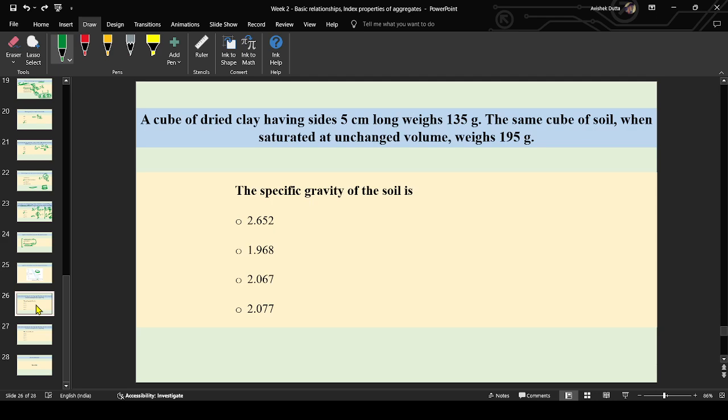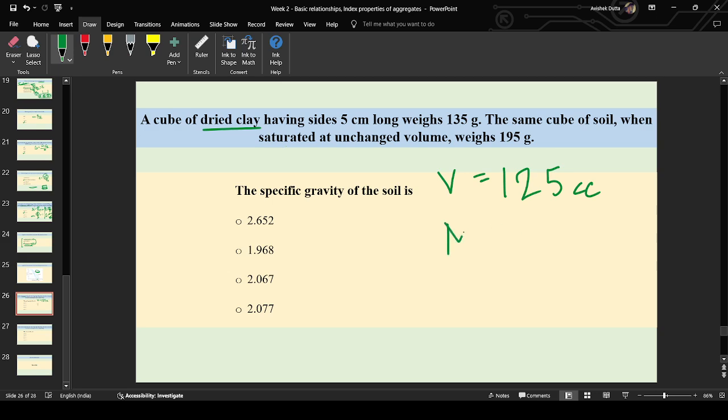The weight is 135 gram. The same cube of soil when saturated weighs 195 gram. What is the answer to this question? So first of all, I'll try to find out the volume, that is 5 cubed, 125 cc. It was dry previously.